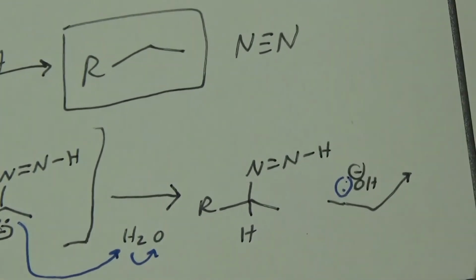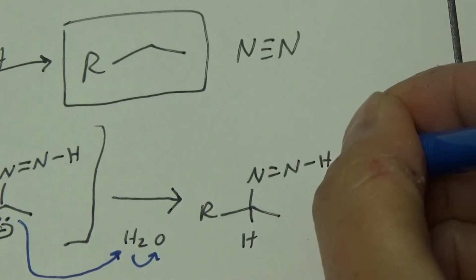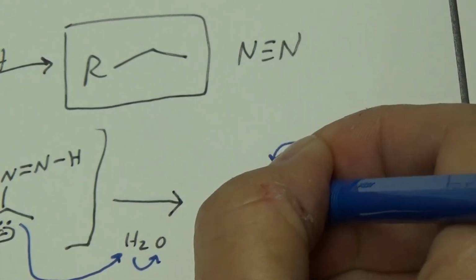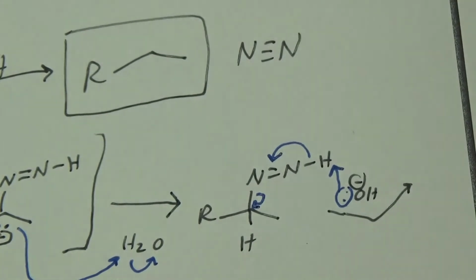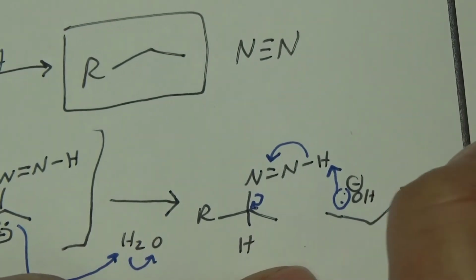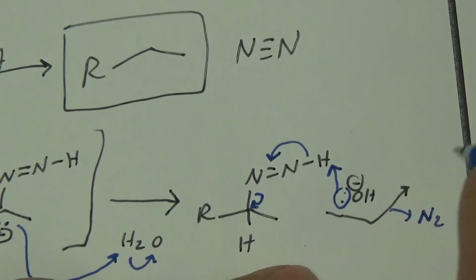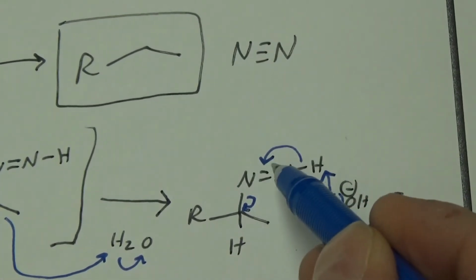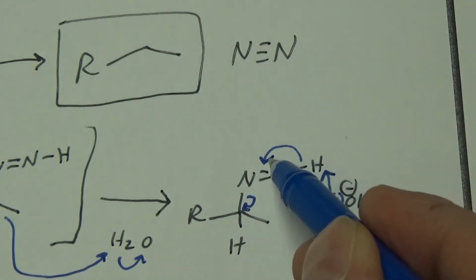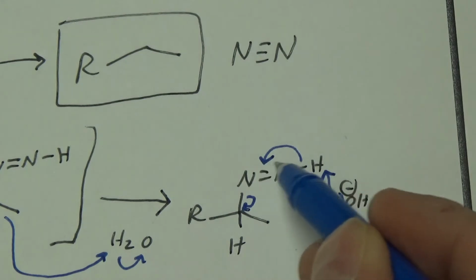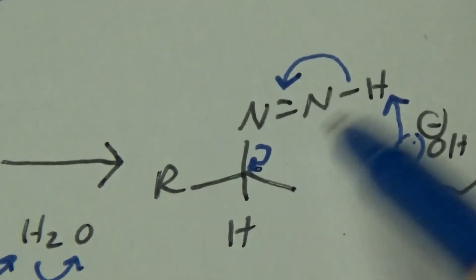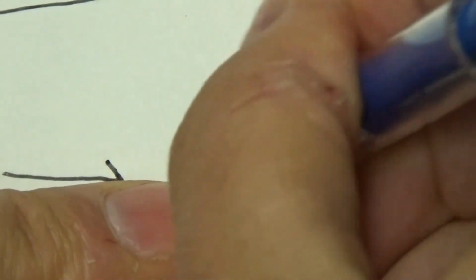So the base rips off this proton, generates N2, and kicks off another arrow to make another carbanion. This is where the N2 gets formed, and that forms the triple bond in nitrogen. Base takes proton. These arrows go there. These electrons go there. That makes it N triple bond N, and it kicks off to break the bond onto the carbon. Let's draw that nice and clearly.